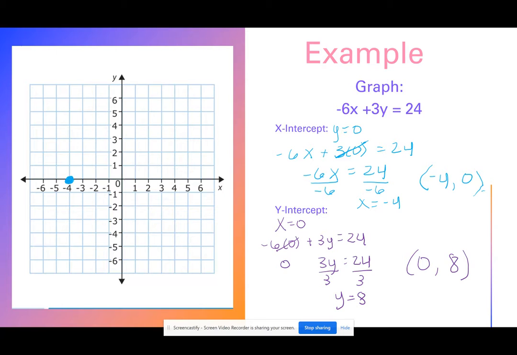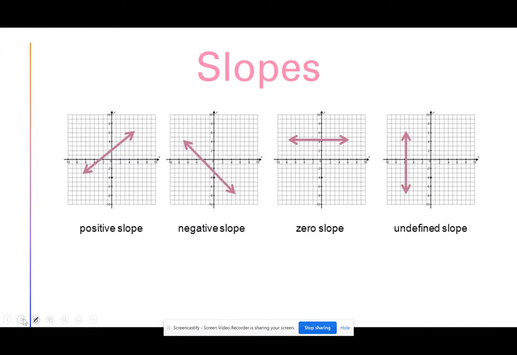We don't go over any, and we go up 8 on the y-axis. It's about there. And you draw your line. So graphing using your intercepts, you are just plugging in 0 for x and y and solving to find both of your intercepts. So now we're going to look at slope-intercept form of the line.